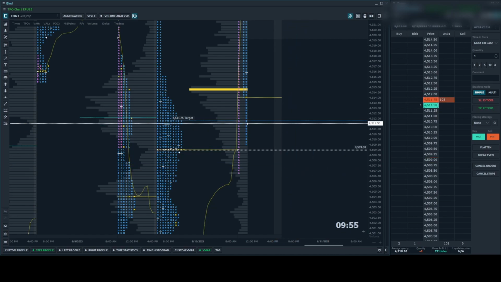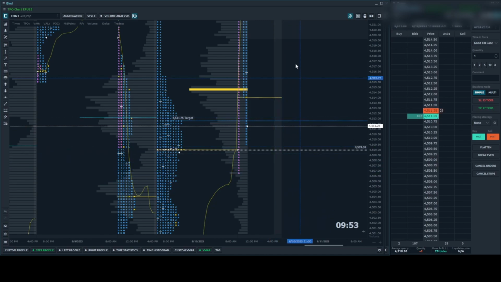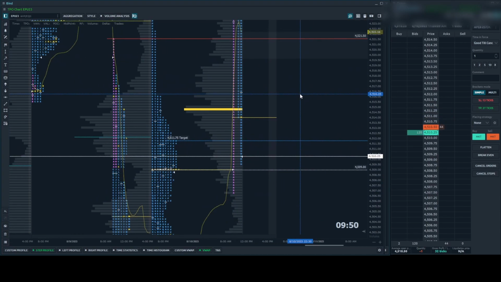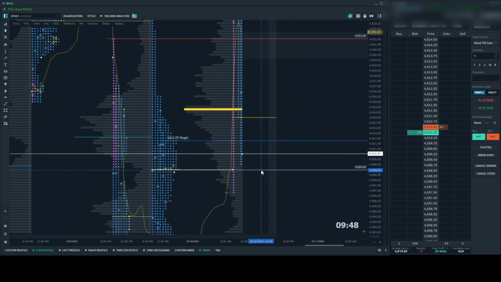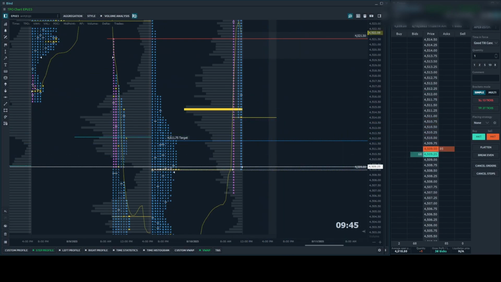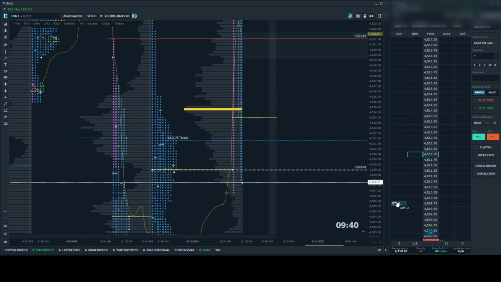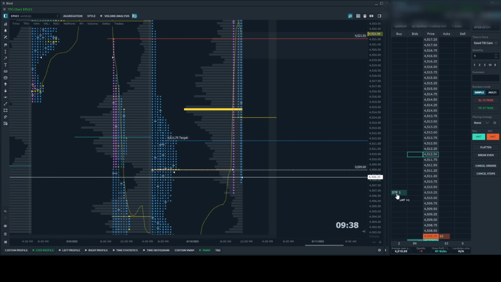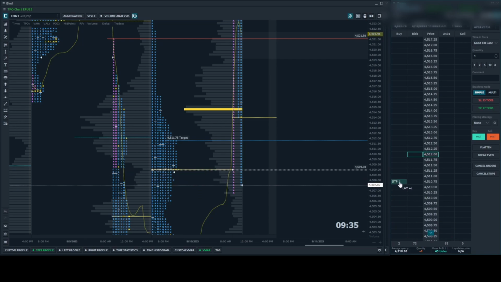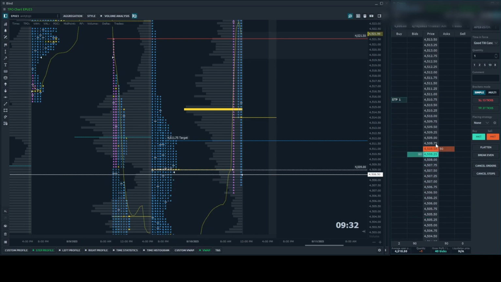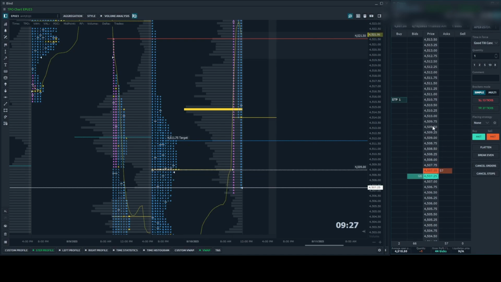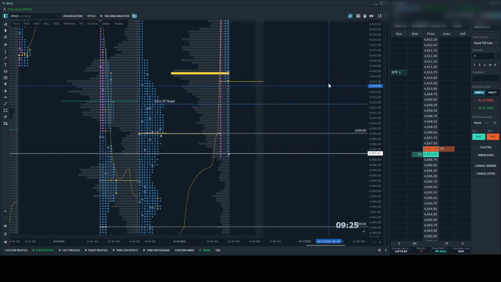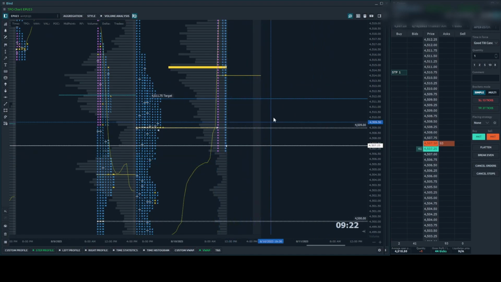I want it to break here, otherwise I'll close it. If it's going to cycle up, I can always re-enter. It's just having such a hard time breaking this. I want to break right here, otherwise we'll get out. We'll even lock this one in at the 1075. There, we're equal. Move this down.